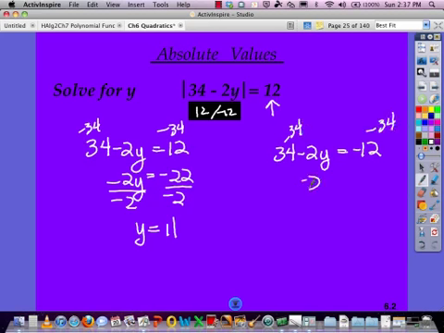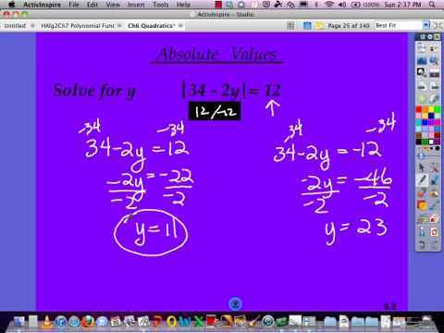We would get negative 2y equals negative 46. We divide by negative 2, and y equals 23. So what that means is you should be able to put an 11 back into the original and a 23 back into the original and get the absolute value to come out equal to 12.